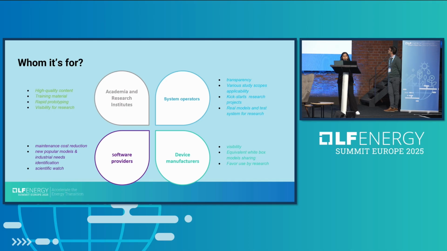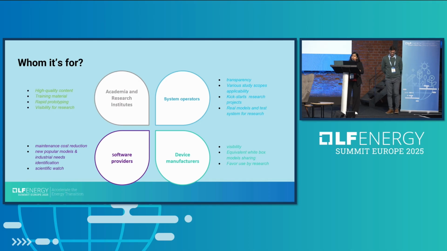And the system operators, for distribution and transmission operators, they gain value through transparency. There are also various study scopes, from small-scale stability studies to large-scale grid analysis.